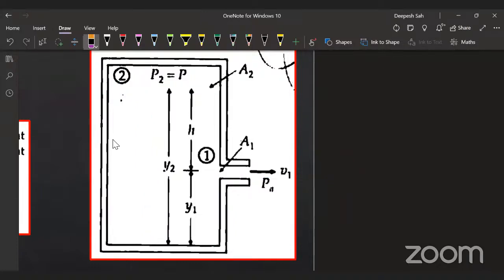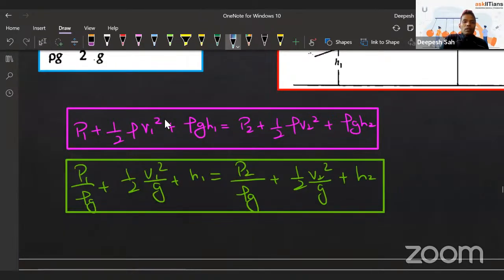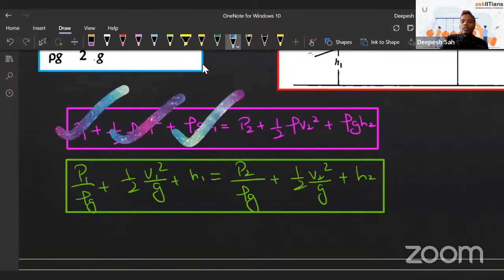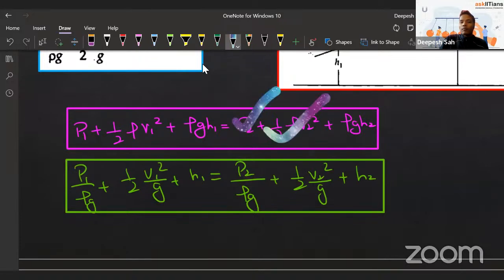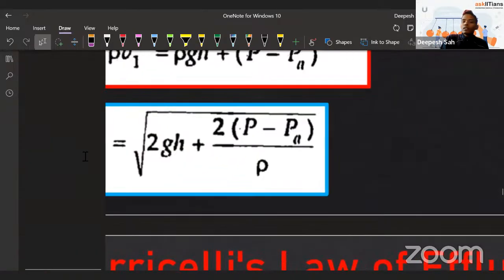Now, of course, you will equate all the three things, saying it is constant. Basically, you will write an equation like this: P1 plus half rho V1 square plus rho g H1 is equal to P2 plus half rho V2 square plus rho g H2. When you write it, you will finally get a formula for the velocity.